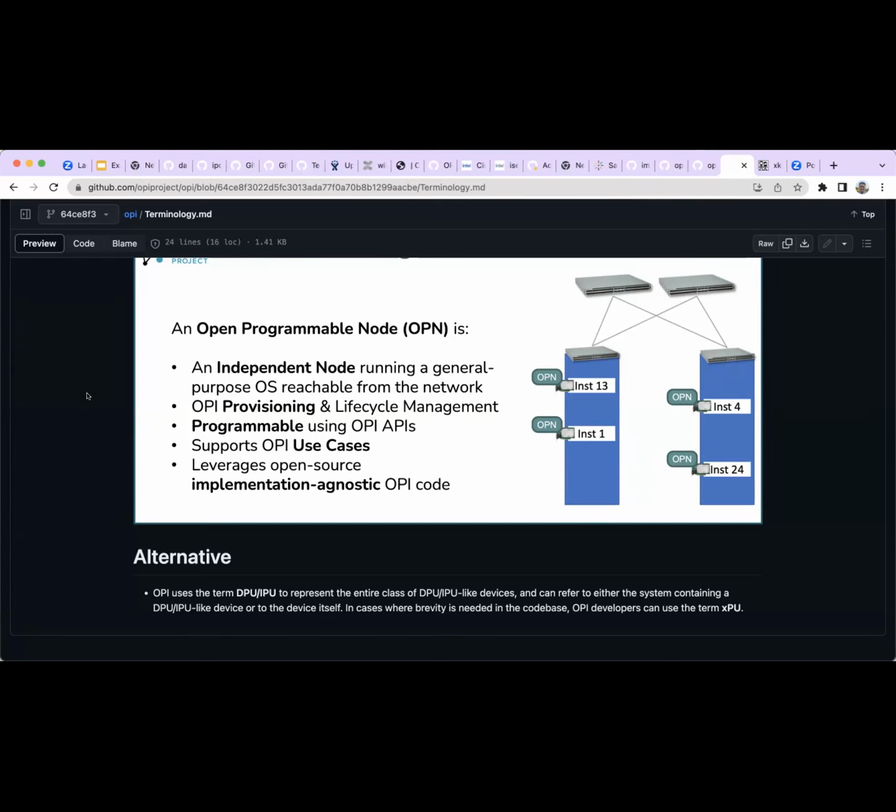If you have comments in the code, then use DPU/IPU. Or if it's a vendor interface, you can use DPU or IPU individually, because that's their terminology. So we don't restrict what the terminology is for a vendor interface. That's the complete proposal.